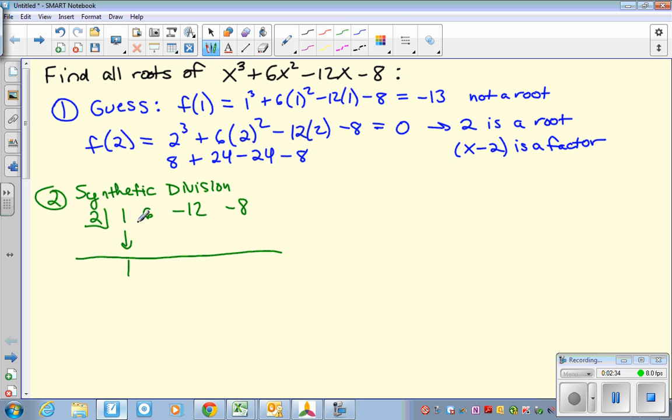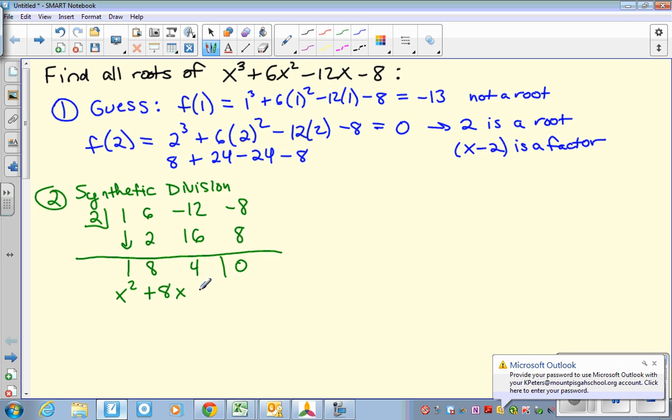Carry, multiply, add, multiply, add, multiply, add. And you should get that this number is 0 because this is supposed to be a root. So now this comes out to be x squared plus 8x plus 4.